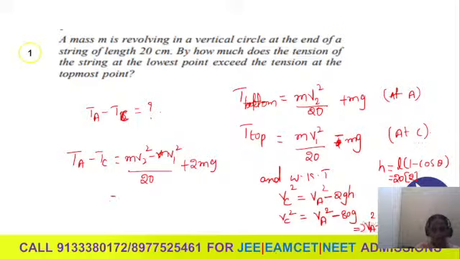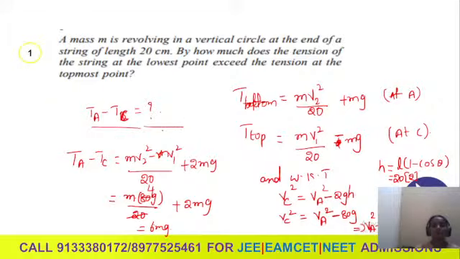So we can write here m into V2 square minus V1 square is 80g by 20 plus 2mg. 20 4s are 4mg plus 2mg, 6mg. So we have proved. So in the concept, TA minus TC is equal to 6mg.